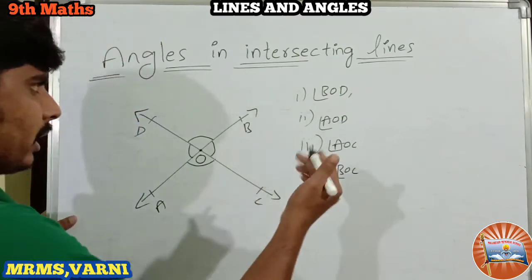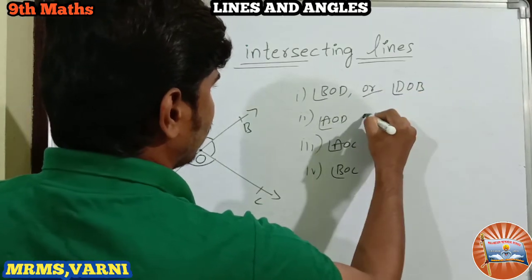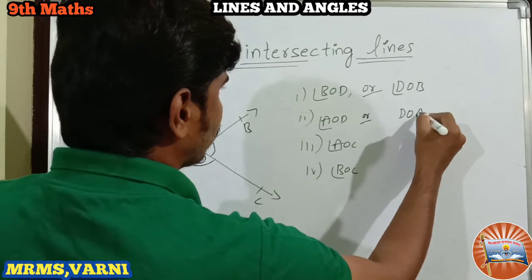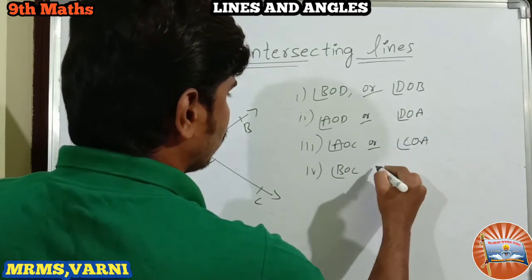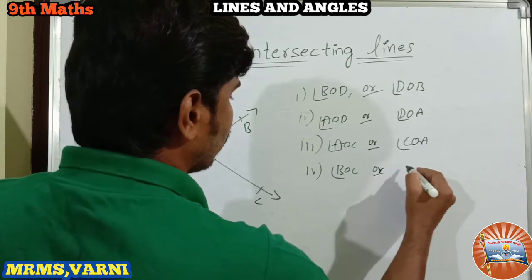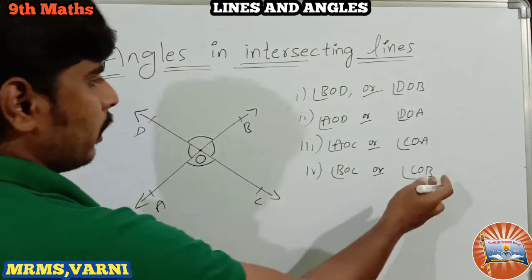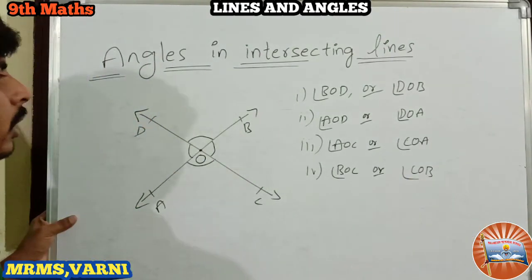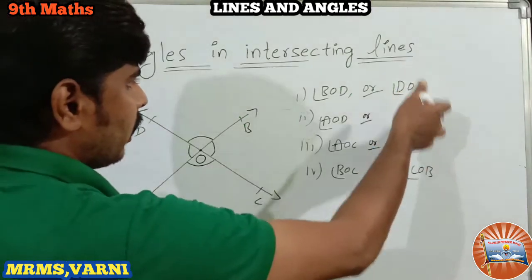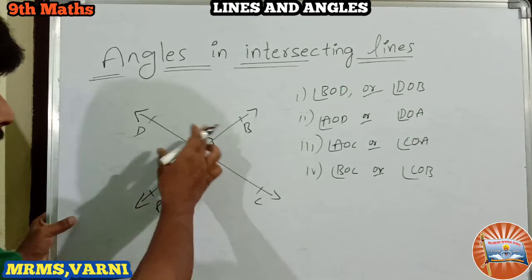Or else we can write DOB, DOA, COA, COB also. In the alphabet B comes first, that is why I am taking BOC first. No need to take it like that; you can take it in this manner also. So these two lines make four angles.